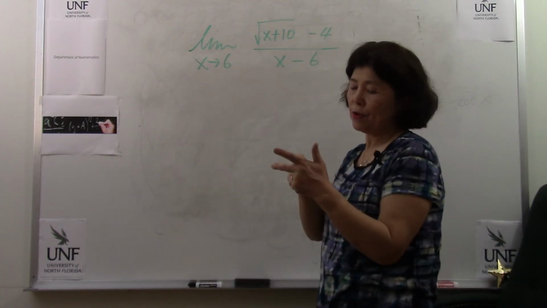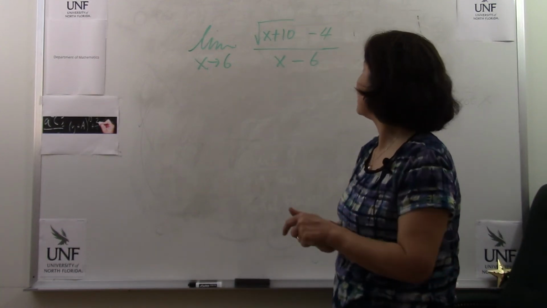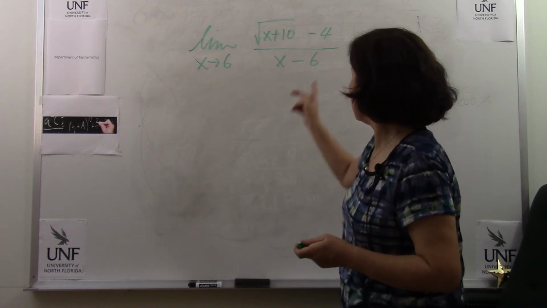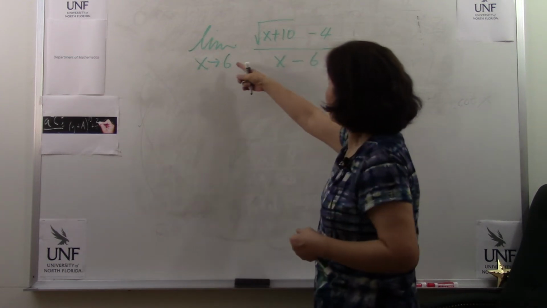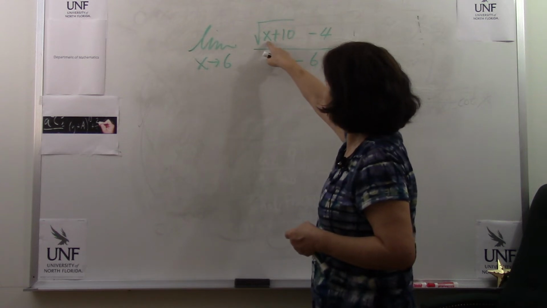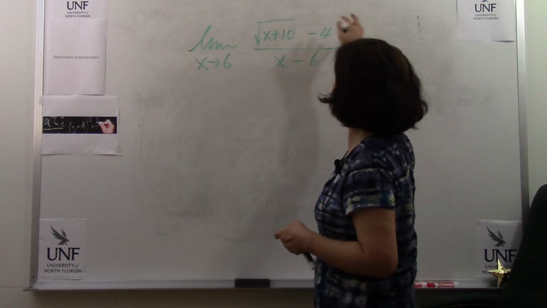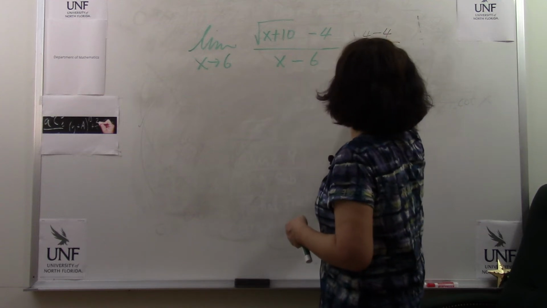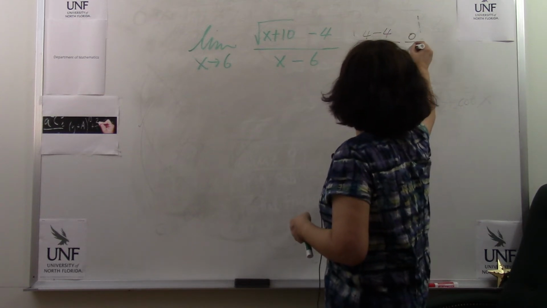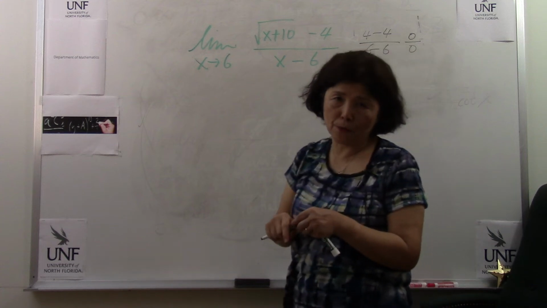At that time, L'Hopital's rule was not known to you, so that's not an option. As you plug in, x goes to 6, so square root of 16 is 4, so 4 minus 4 over 6 minus 6, which is a 0 over 0 form, an indeterminate form.